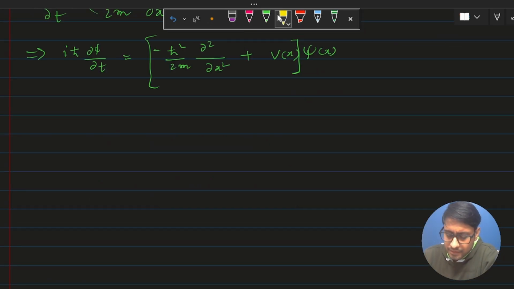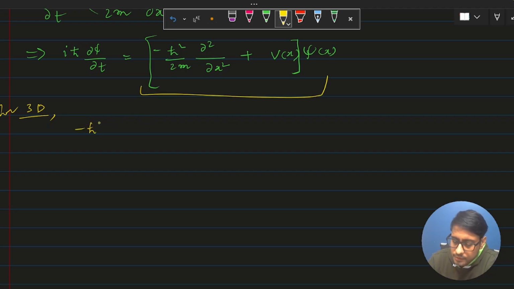Now this is the one dimensional equation. If we generalize this for three dimensional, we want to write the three dimensional system, then for 3D we can write minus this term, we are writing first, over 2m.